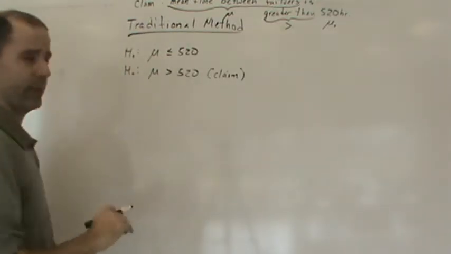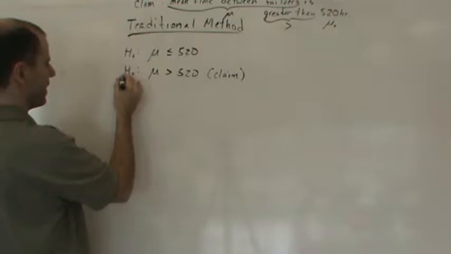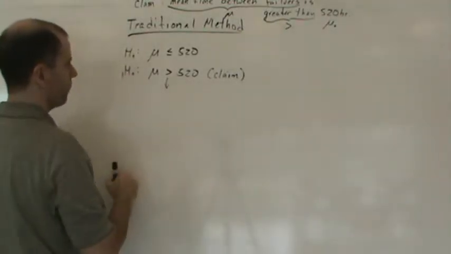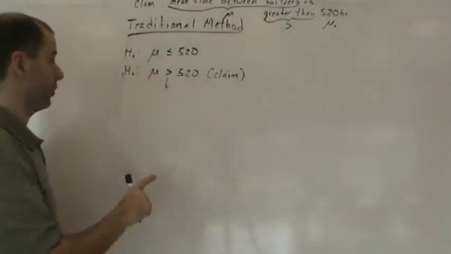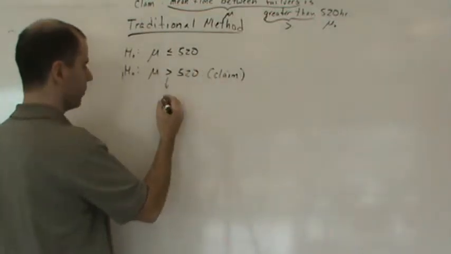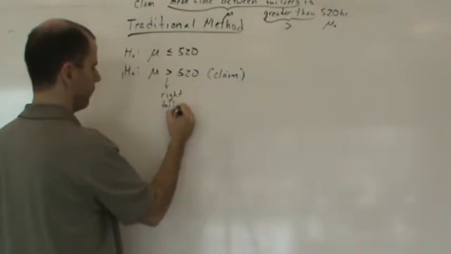Everything we've seen before. Now, what tail test is this? Remember, the alternative hypothesis tells us the test. This is greater than, so the arrow points to the right. So this is going to be a right tail test.